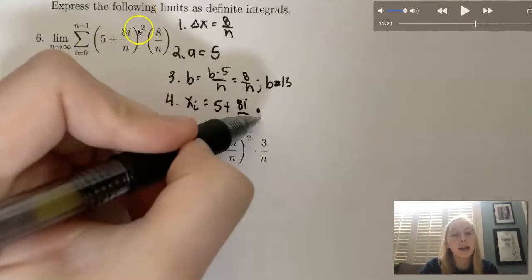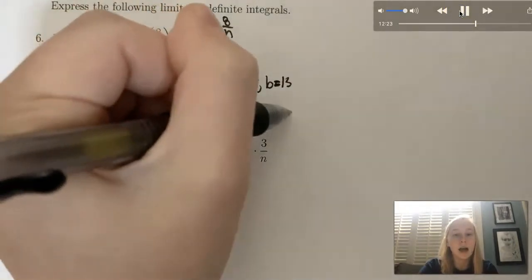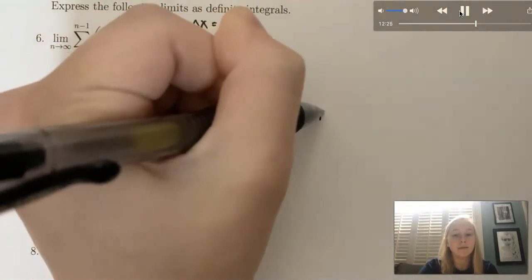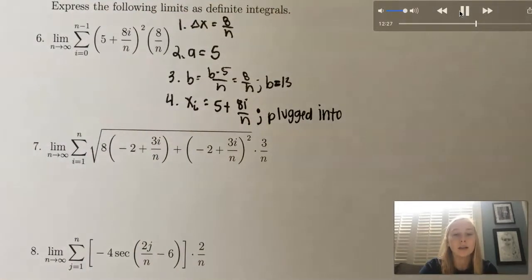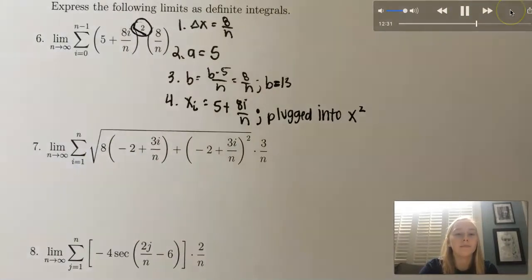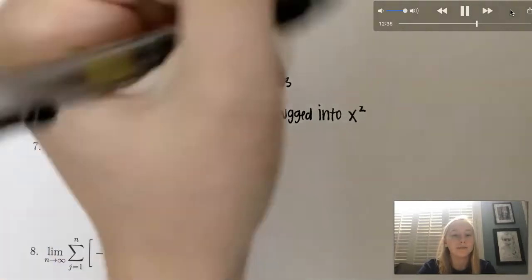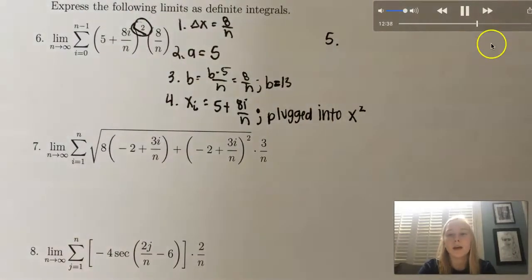In this case, it's x squared. It's xi squared, and then this is delta x, so it's not part of the original equation, remember? It's just lopped on the end. And this n minus 1 up here doesn't matter, by the way. Just don't stress about that. You just do it the same way either way.